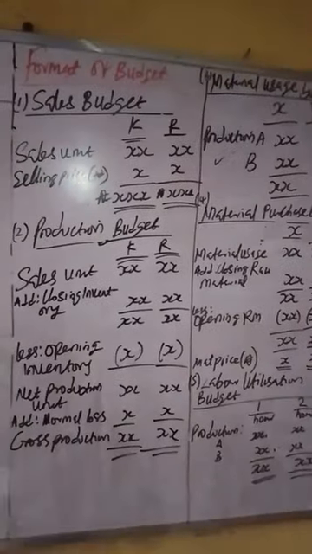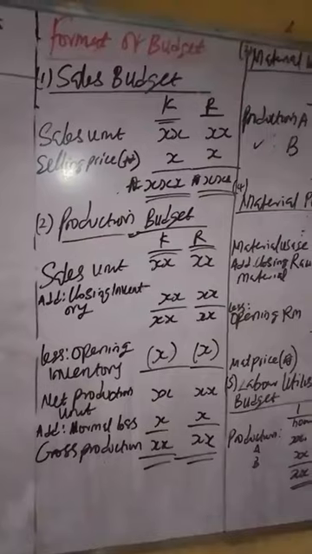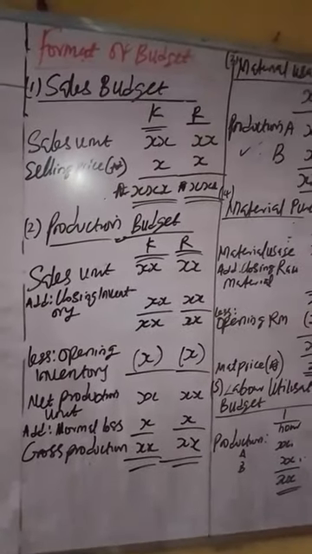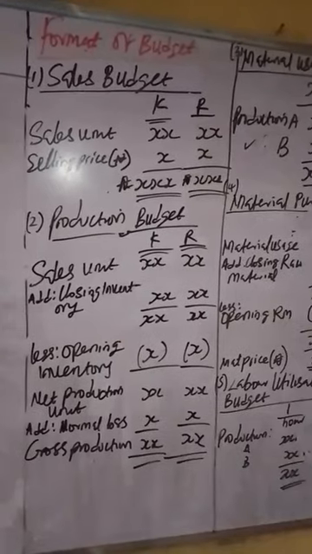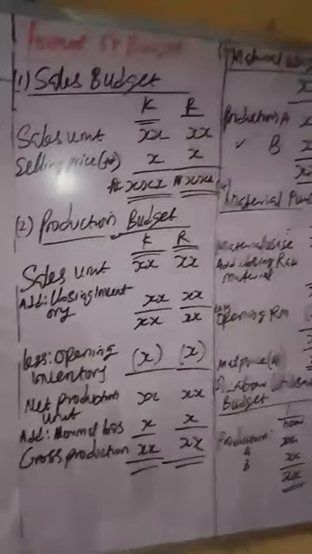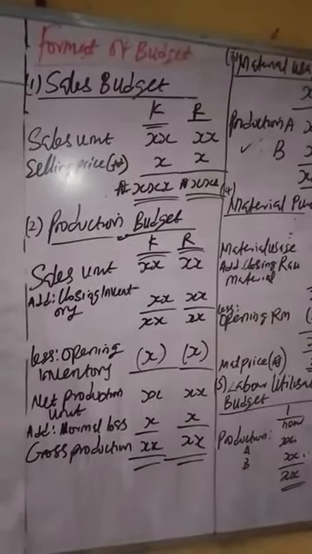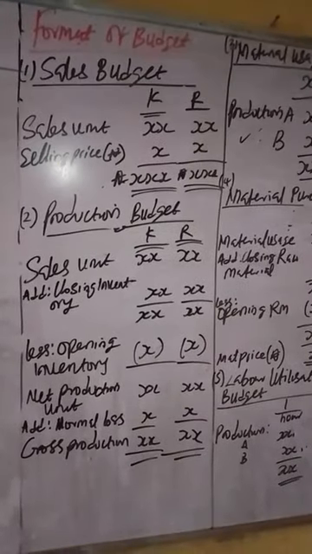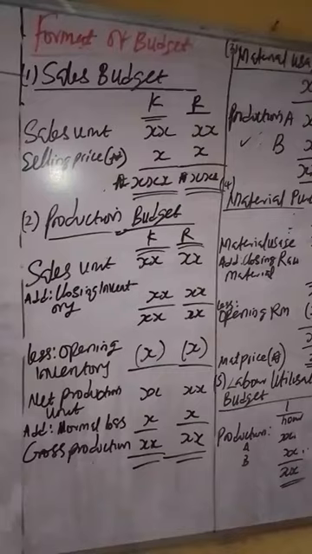So we have the sales in units already done. Add closing inventory of the goods for that period. Then less opening inventory that has been produced before the new budget.